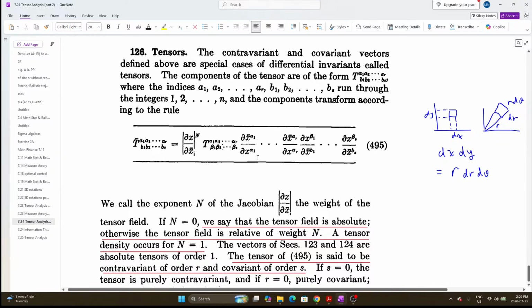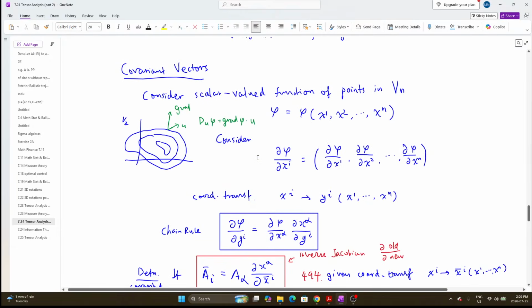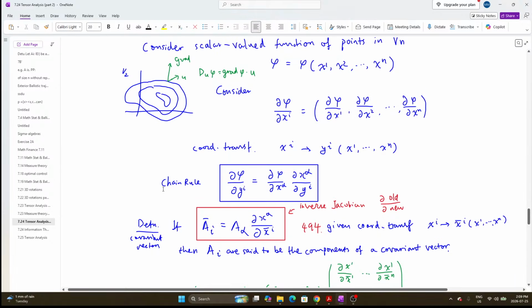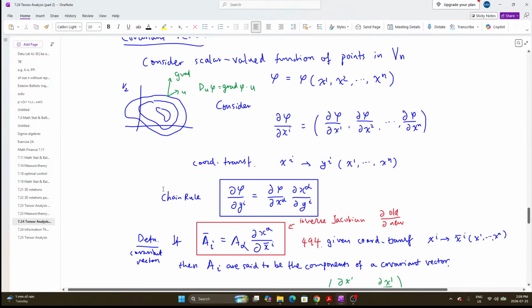Which raises a few questions, because if you come from, say, abstract linear algebra, you would define vectors as elements of a vector space. So how does this definition of a vector, whether covariant or contravariant, relate to the definition of linear algebra? Are they different things? Are physicists and mathematicians talking about different objects? No, not really.